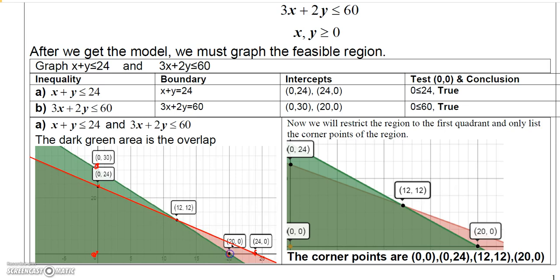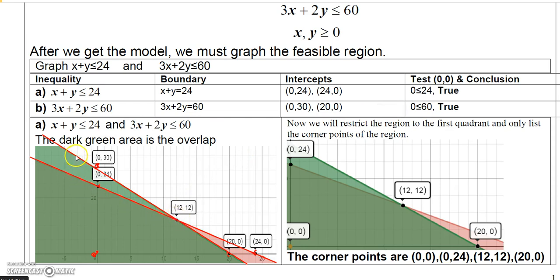You then draw the line through those two points and test the origin again, 0, 0, and when you plug 0, 0 into that one, you get a true statement as well.